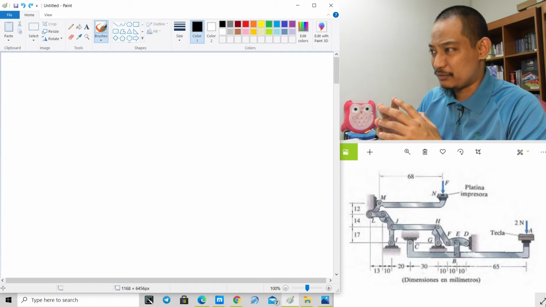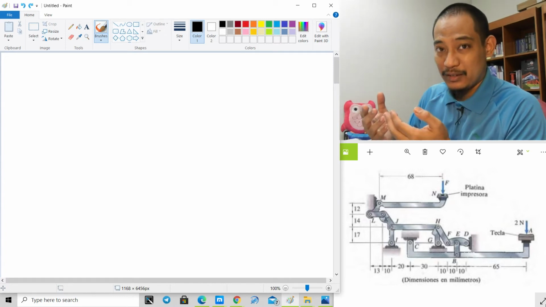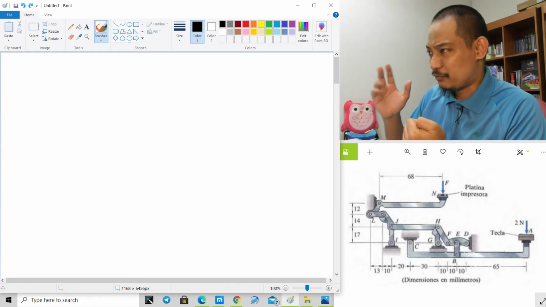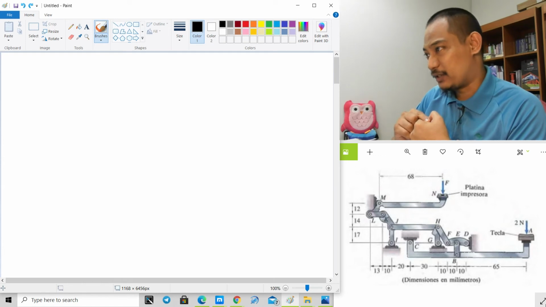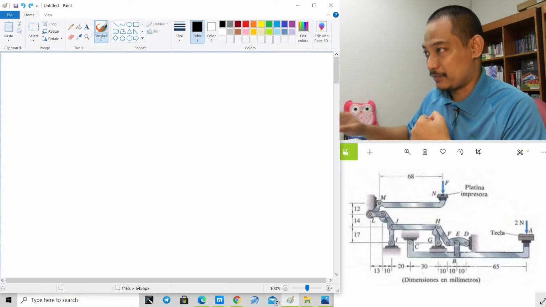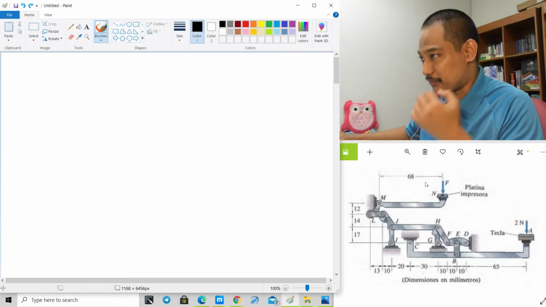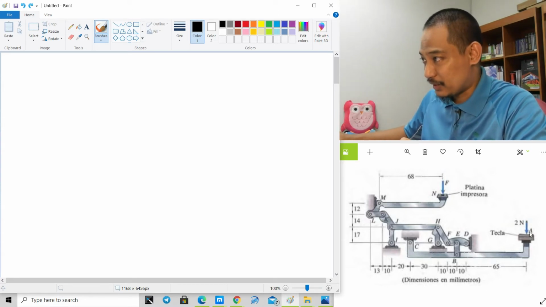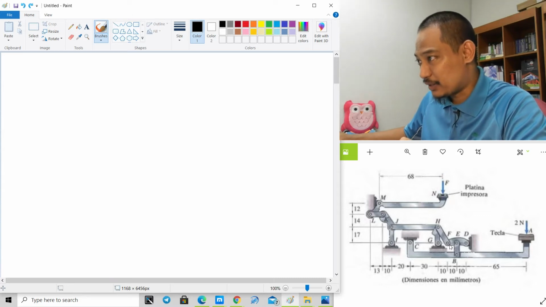The one that commented asked how to calculate the force F, as well as the reaction at D, at I, and at M. So if you are looking at the diagram here, this 2 Newton is given acting at this point A, and then this F is unknown, so we have to find F, and then we have to also find the support reaction at point D here, point I here, and also M here.